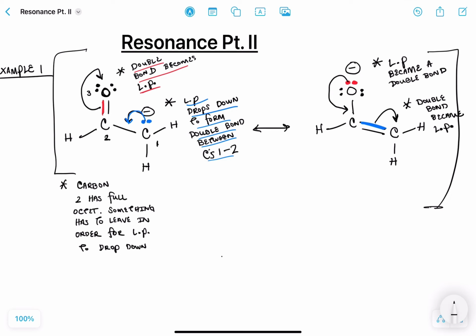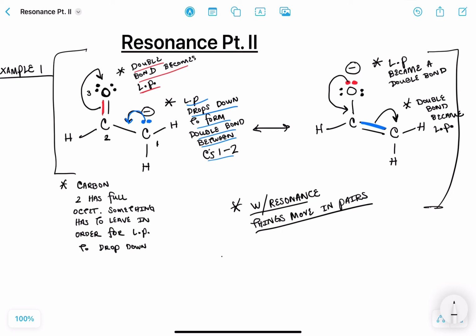I want to point out here with resonance, two things happen in pairs. I will say things move in pairs. So if we look back, two things happen. The double bond becomes a lone pair, and then the lone pair drops down to form the double bond between carbons 1 and 2.